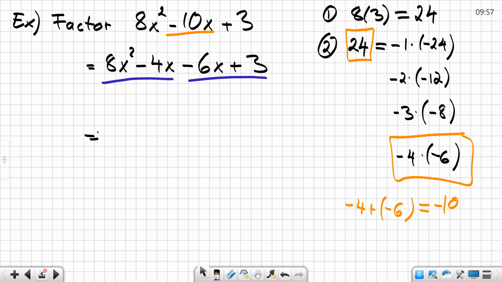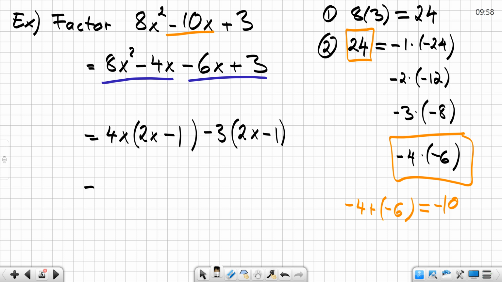Let's have a look. What do we have here in our first group? There is a common factor. 8x squared minus 4x. There's a common factor of 4x. I'm going to be left with 2x minus 1. In the right group, we have to factor out the negative of the GCF, and that will be -3. I'm going to be left with 2x minus 1.